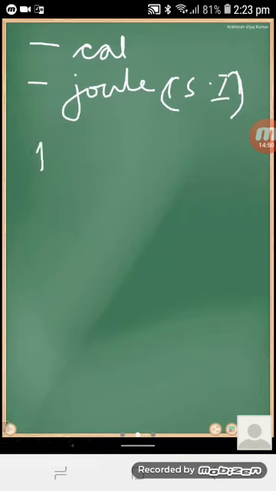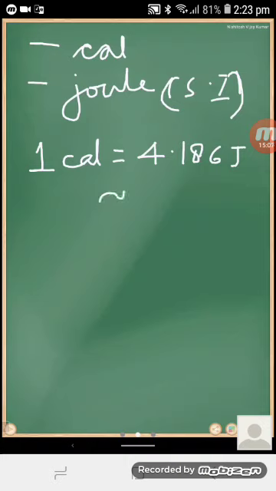Now 1 calorie of heat energy is equivalent to 4.186 joules of energy. That means if you have to convert joule into calorie or calorie into joule, this is the relation. For convenience of calculation, we can also write 1 calorie is equal to 4.2 joules.